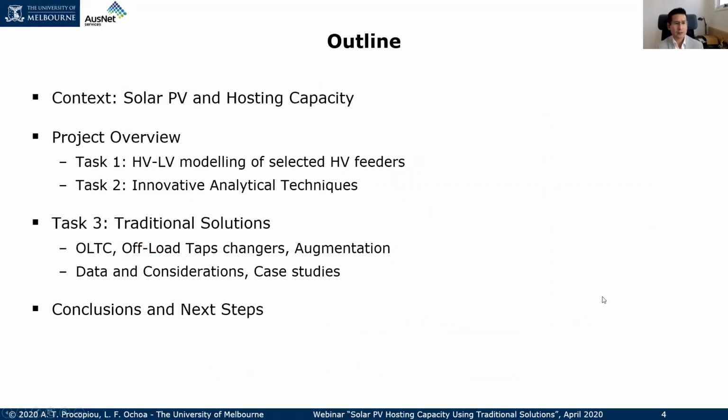Okay, the outline of this webinar that should last approximately 1 hour is the following. First, we're going to set the scene, with a very quick context about solar photovoltaics and hosting capacity. I will present the overview of the project, and particularly very quickly, the main aspects of task 1 and task 2 that come before, of course, task 3.